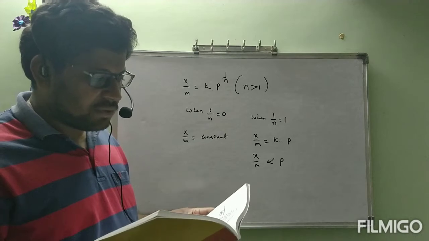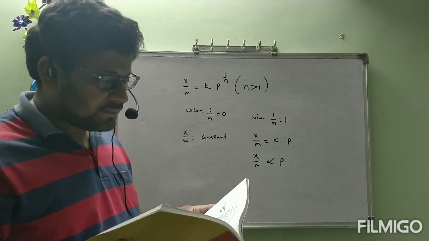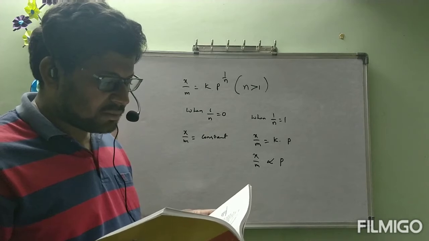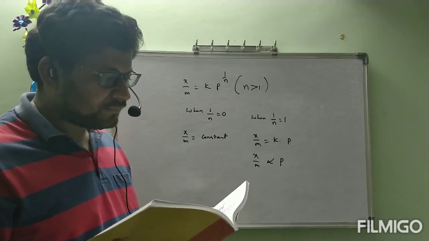Both the conditions are supported by experimental results. The experimental isotherms also seem to approach saturation at high pressure. This cannot be explained by the Freundlich isotherm, thus it fails at high pressure.